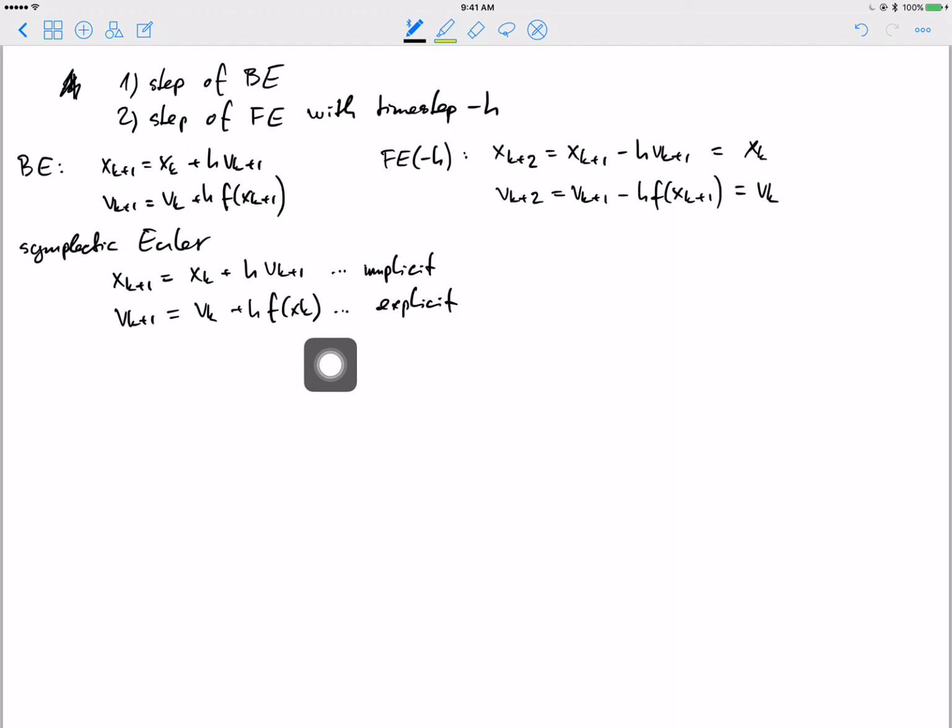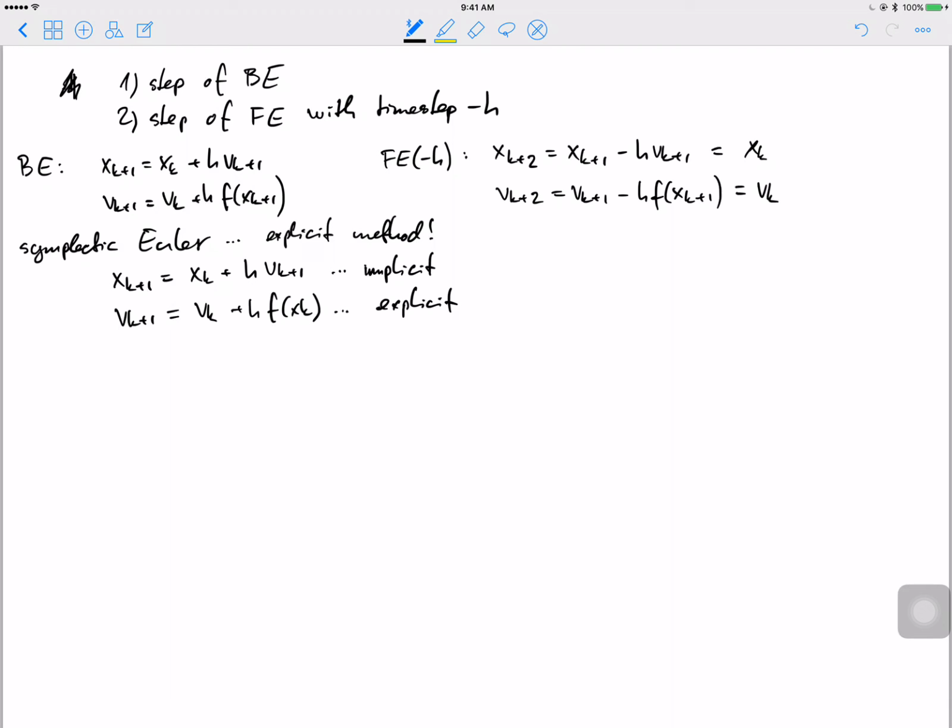And it's actually really cool because you can evaluate it like this. You can evaluate this first. You know what v_k is, you know what x_k is. You can compute f of x_k. You can compute v_{k+1}. Once you have computed v_{k+1}, you use it here, so you also compute x_{k+1}. So this actually is an explicit method, much easier to solve than implicit methods, much easier.